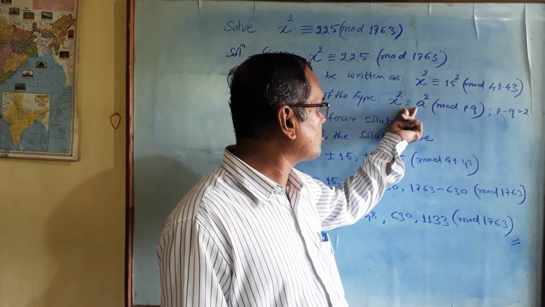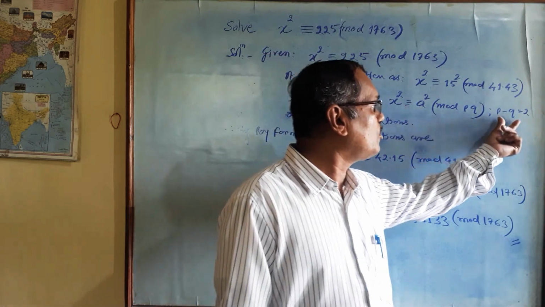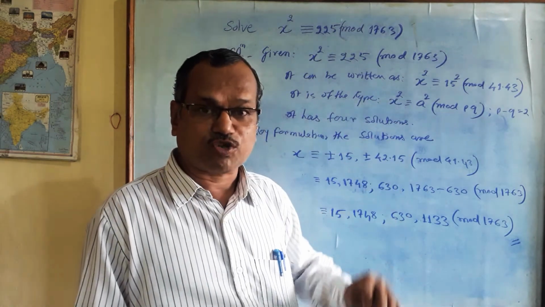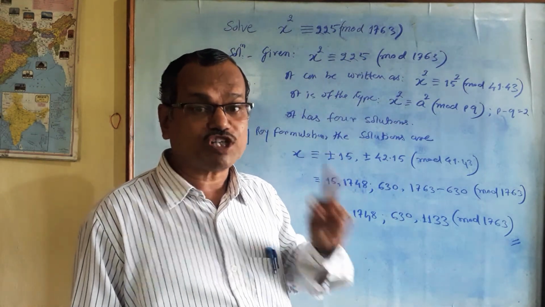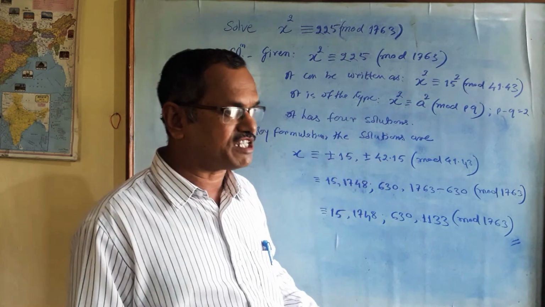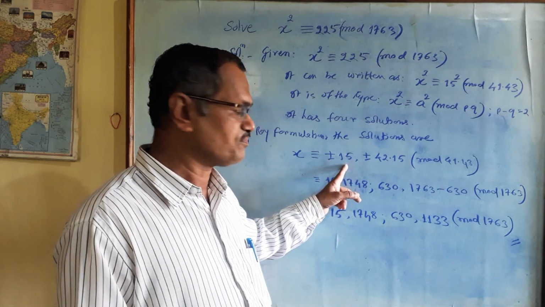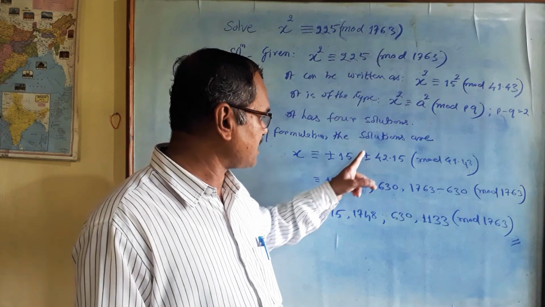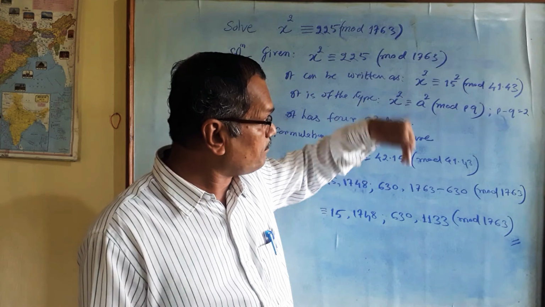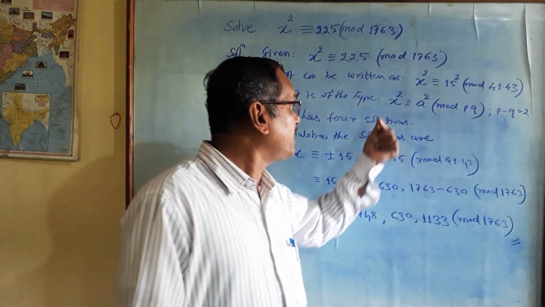This is a special case. Whenever x square congruent to a square mod pq, where p minus q is 2, this is a standard quadratic congruence modulo a product of twin primes, and then it has 4 solutions given by this formula. The formula is plus minus a, 2 solutions, and the other 2 solutions are given by plus minus p plus 1, meaning the number between p and q, into a.